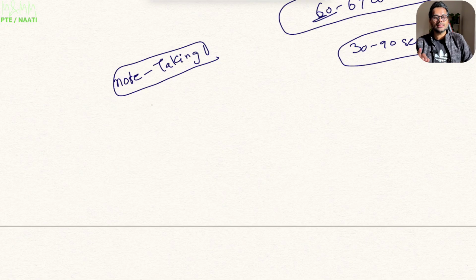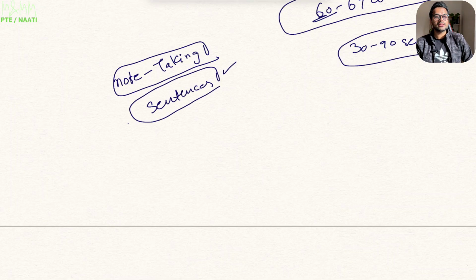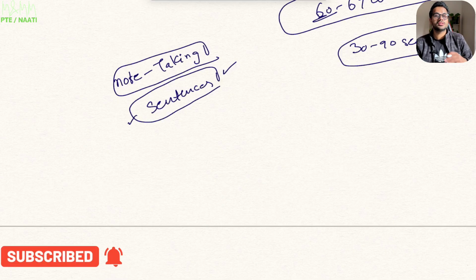And the best and the only possible note taking that I would recommend to all of you would be taking sentences in this one. In Retell Lecture, we do recommend taking phrases. In Summarize Spoken Text, we recommend taking sentences or some long meaningful phrases for this one.